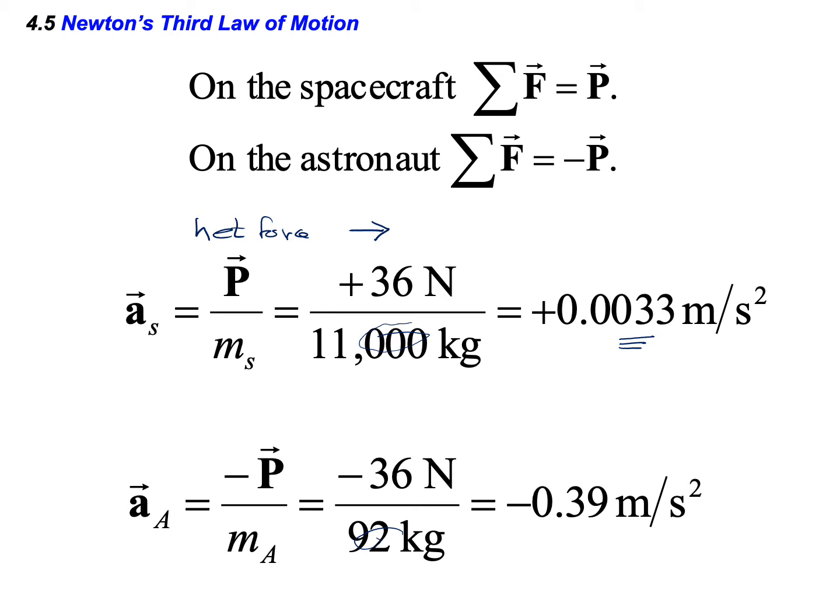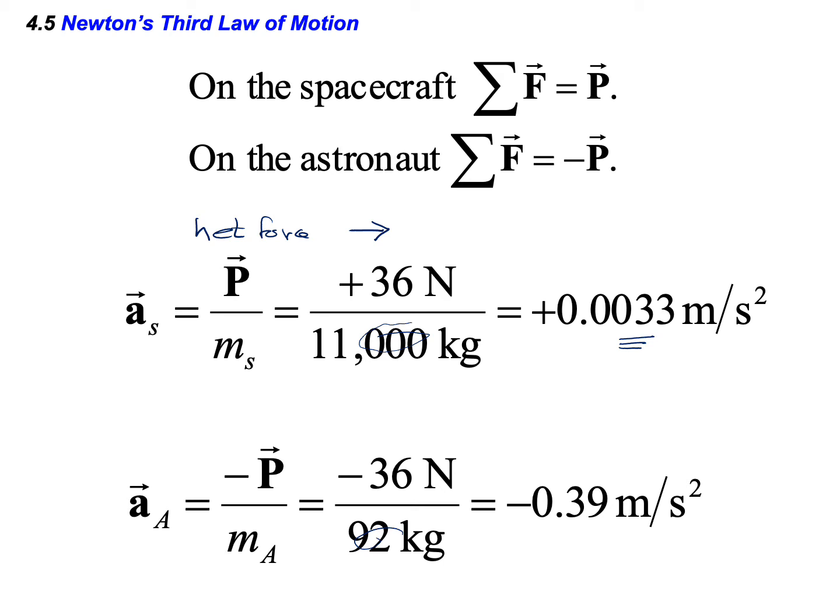But on the other hand, if you calculate the acceleration of the astronaut, the force is negative P, because it is the force on the astronaut from the spacecraft, which is equal in magnitude but opposite in direction, and you divide by his mass, and you will get negative 39.39.